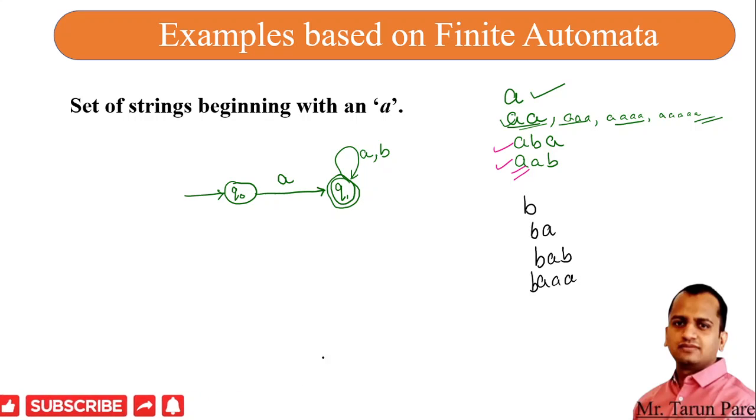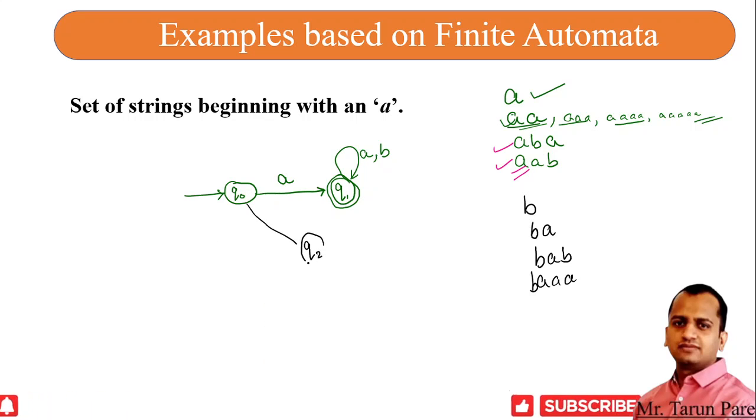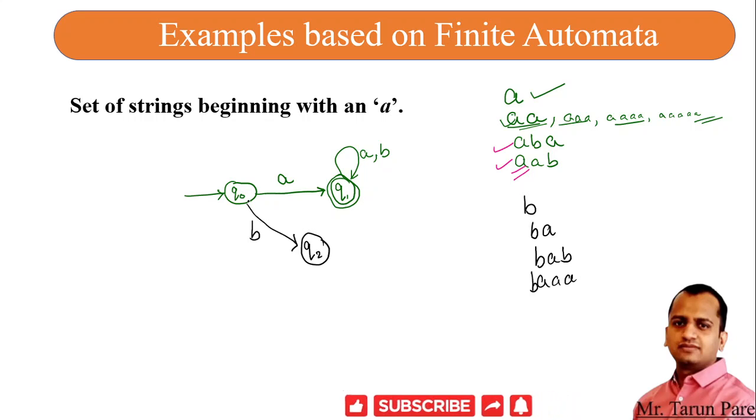In such a case we have to make the transition from q0 to q2 and we have to pass the string B. Okay, so what happened with this? If you pass the string with B, then it will reach the dead state.